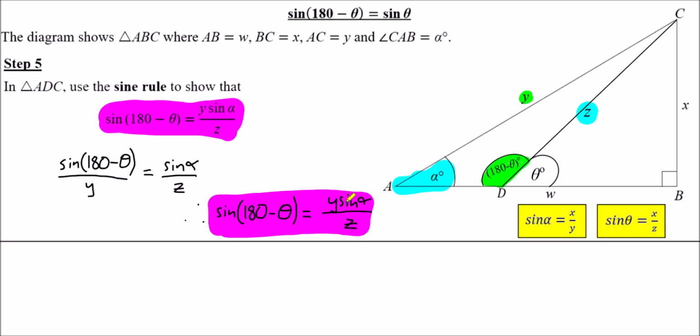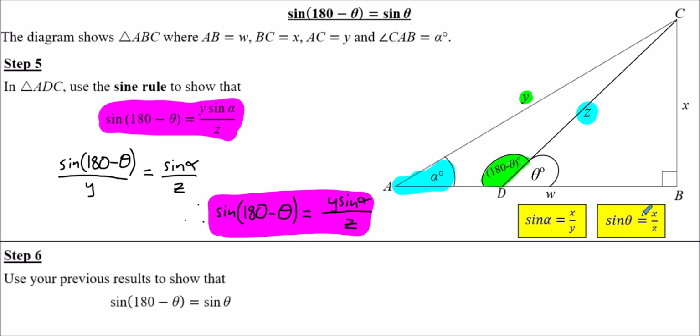So just one final piece to this puzzle, and then we've proven the result. So step 6, which I've just hidden down here, use previous results to show that sine 180 minus theta is equal to sine theta. And so what we need to do here is to prove that y sine theta over z is the same as sine theta. And so we've got sine theta here, which is x over z, but we know that x over y is sine alpha.